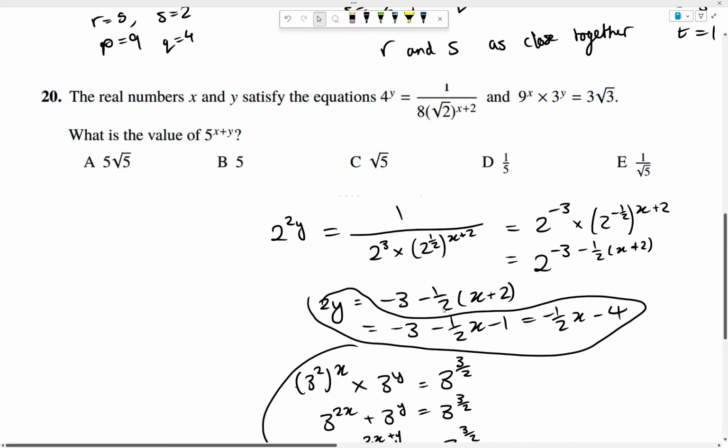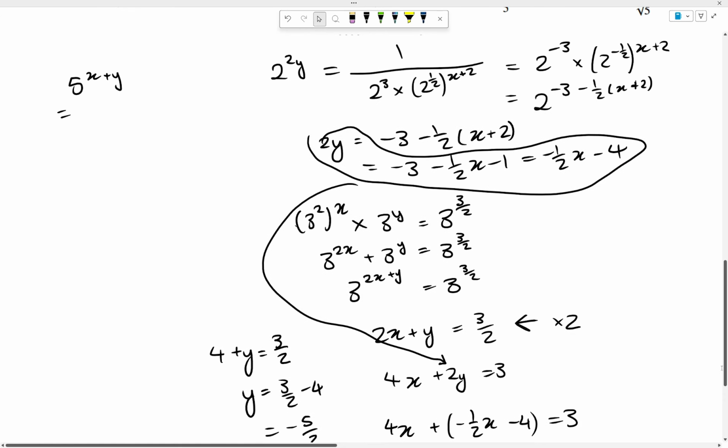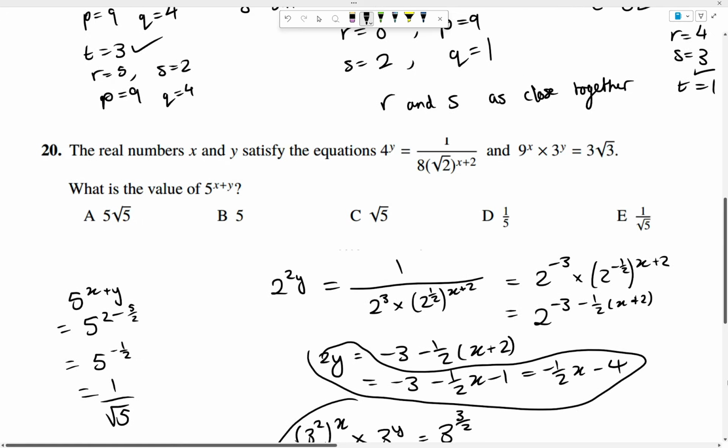And now you just have to remember what the question is asking, which is 5 to the x plus y, which is equal to 5 to the power of 2 minus 5 over 2, which is 5 to the power of minus a half, which is 1 over root 5. So the answer is E.